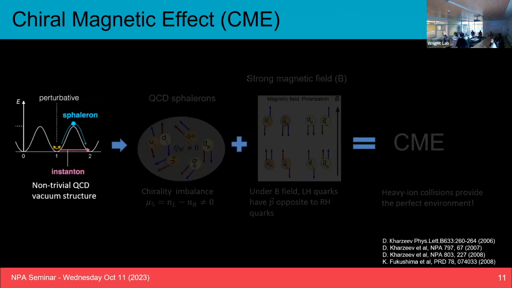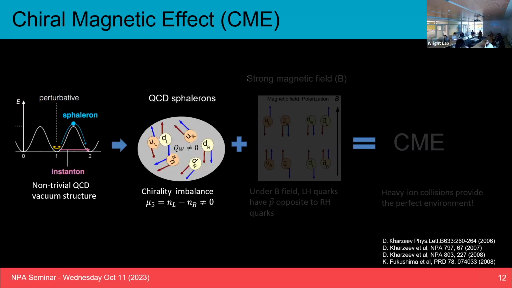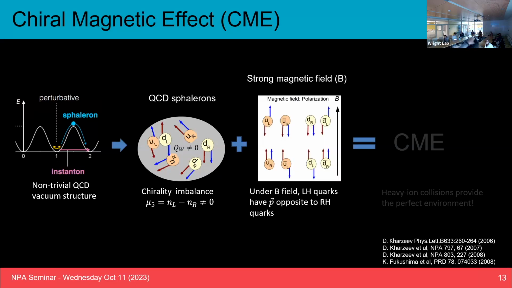Okay, so the chiral magnetic effect is really just that you have a transition in this non-trivial QCD vacuum structure. This leads to a chirality imbalance. And under this strong magnetic field, because the magnetic field usually aligns the spins, you have different chiralities. Actually, we call it chirality, but we're really talking about helicity.